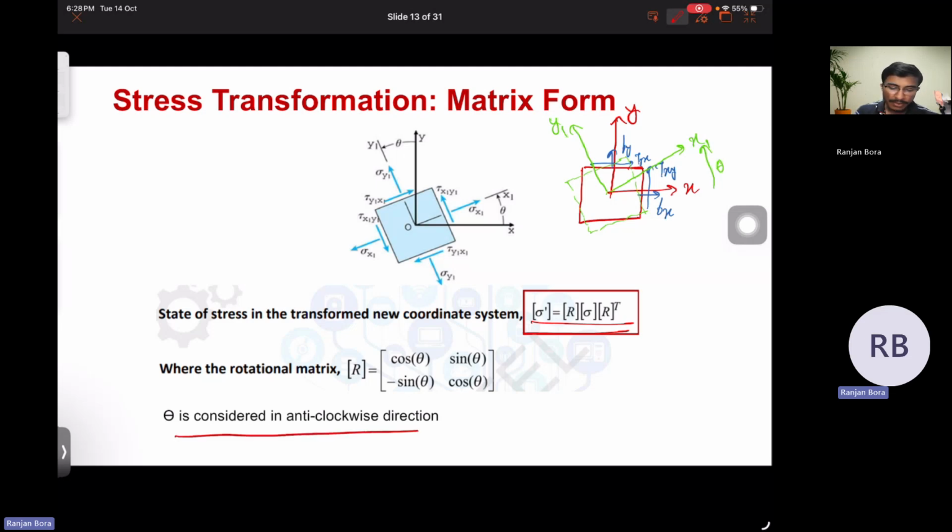Here theta is considered in anti-clockwise direction. If theta is in clockwise direction, then we need to put minus theta in this rotation matrix. So using this equation, we can estimate the state of stress in the new coordinate system x1 and y1.